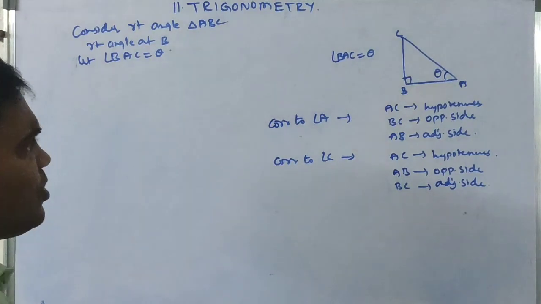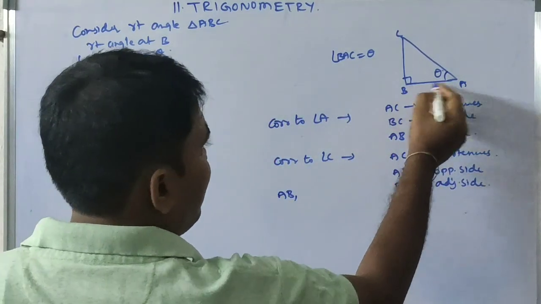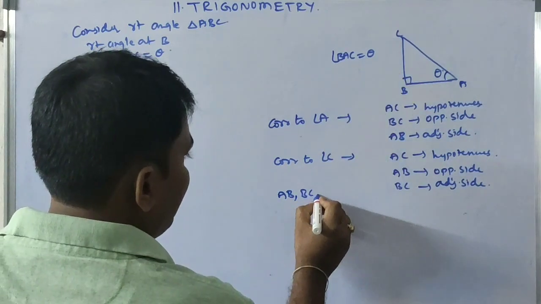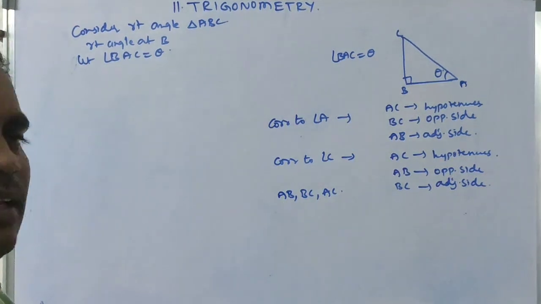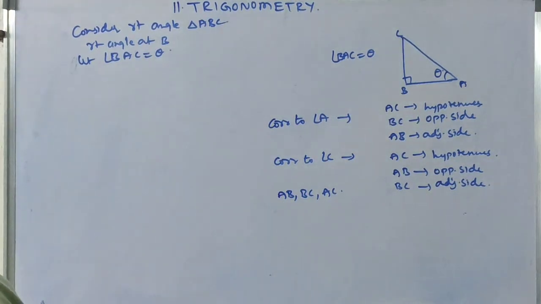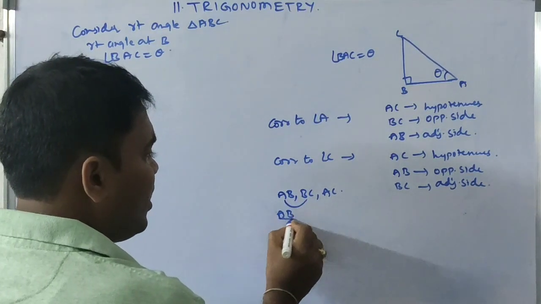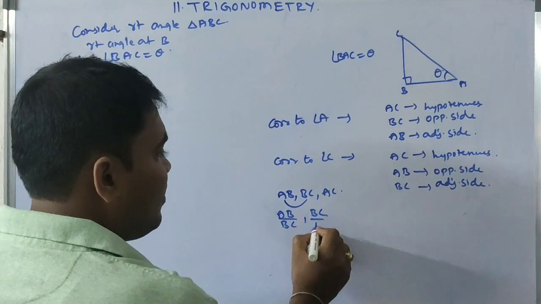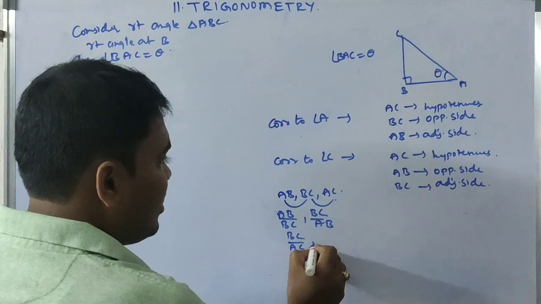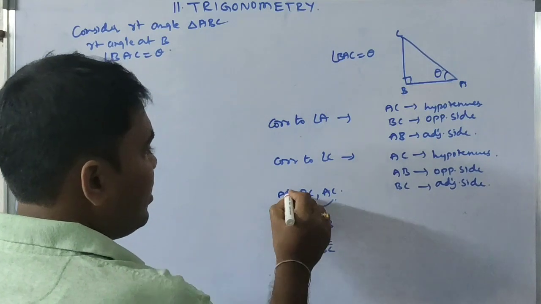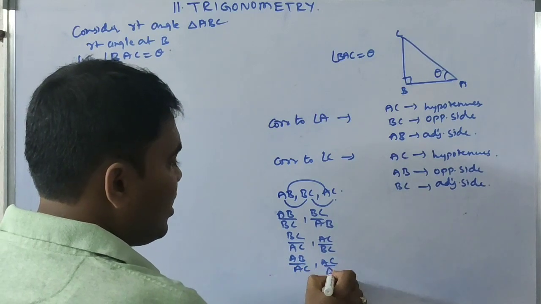What are the sides first? AB, BC, AC. These are the three sides. I want to take ratios of each two sides. First AB by BC, BC by AB. Next, BC by AC, AC by BC. Then AB by AC, AC by AB.